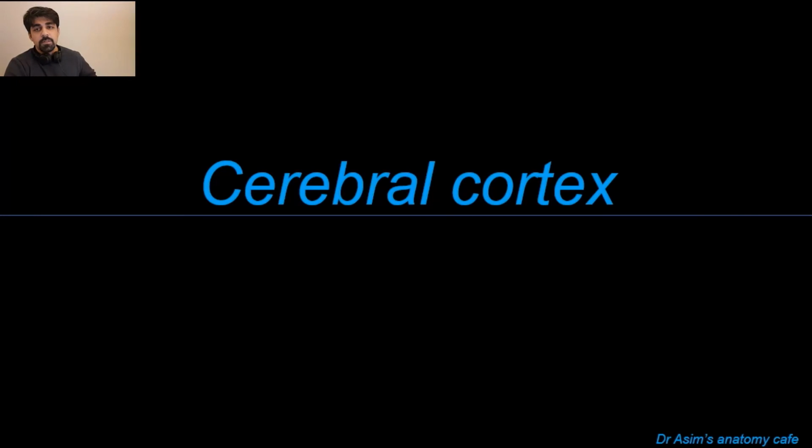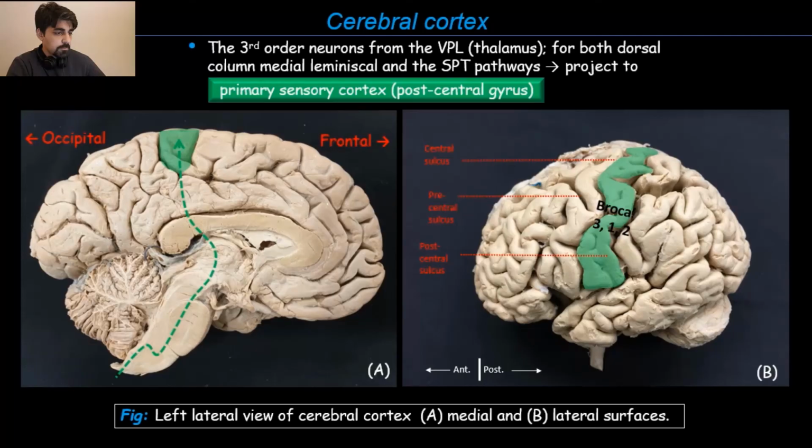Lastly, the information then gets relayed through the third order neurons. It gets projected onto the cerebral cortex. Now, although we're talking about the dorsal column pathway right now, later on when we talk about the spinothalamic pathway, this information applies to that pathway as well.